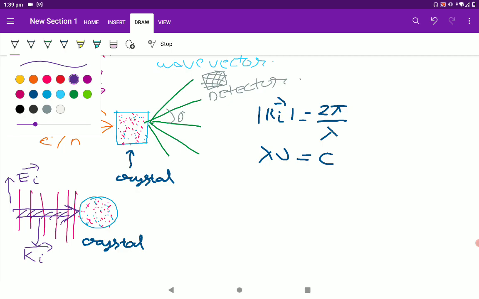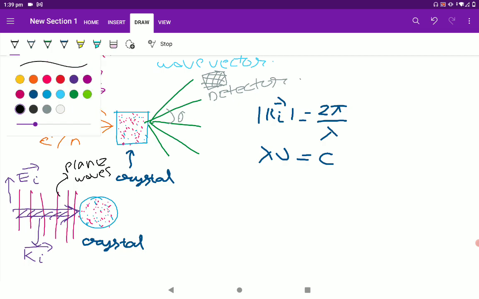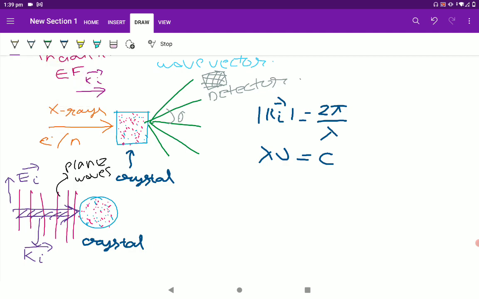So basically these are plane waves, and when these plane waves interact with the crystal, we have a scattered wave vector, that is diffraction, and we call it KS, the scattered wave vector.